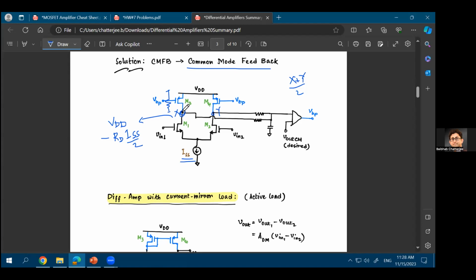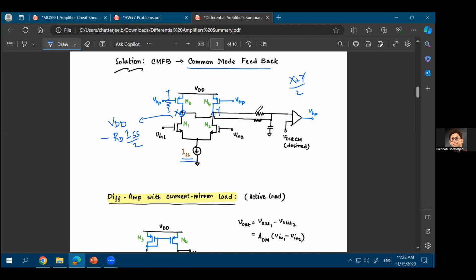The purpose was that at the output, if you took the difference of the AC signals, you would see a large amount of AC signal. Now I'm saying that I'm just shorting the two outputs. That will defeat the entire purpose of the differential amplifier. So you cannot directly short them.